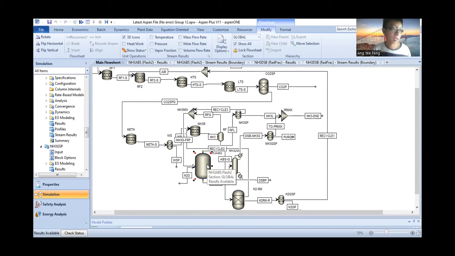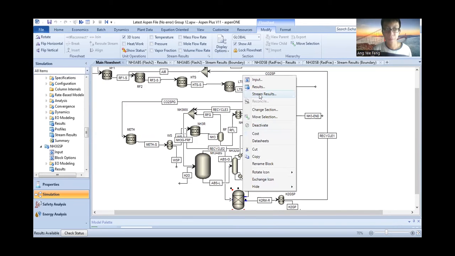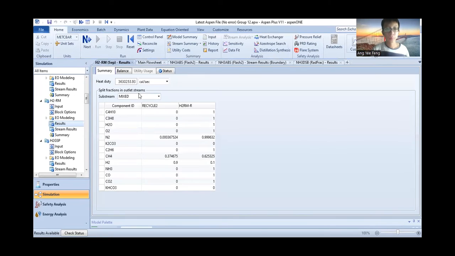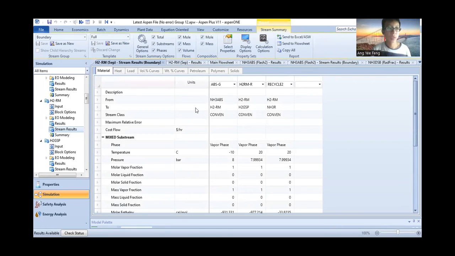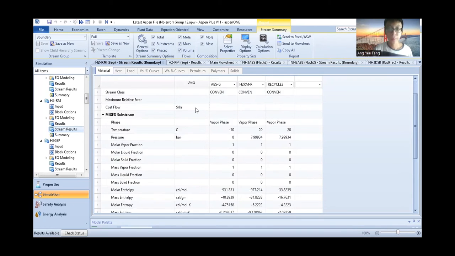The gaseous outlet of the absorber will enter the H2 removal unit, which is a pressure absorption H2 removal unit. The purpose is to extract as much H2 as possible to prevent any wastage. For this unit, we found the data on the website and set the composition and the separation efficiency.